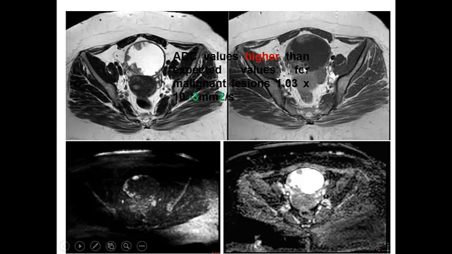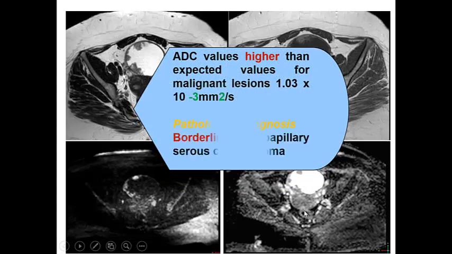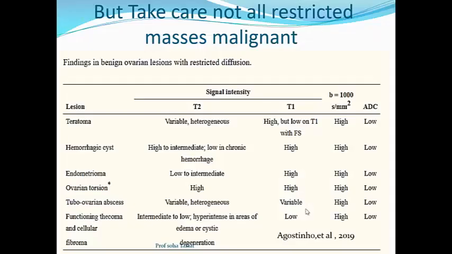Here there is faint enhancement, matching with benignity more than malignancy. So this is a case of borderline ovarian tumor, borderline serous cystadenoma. But take care, not all restricted masses are malignant.